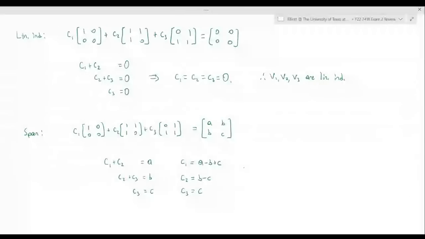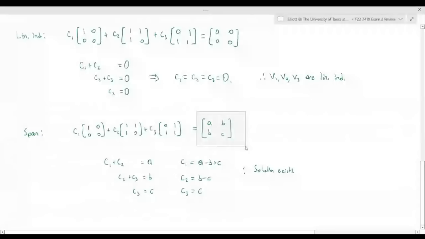So since we found a solution, what this tells us is every 2x2 symmetric matrix can be expressed as a linear combination of V1, V2, and V3.